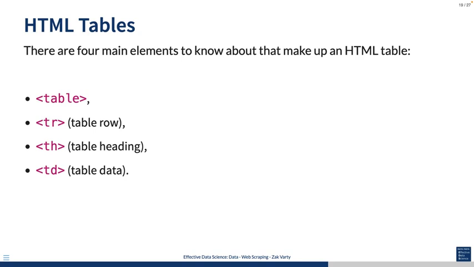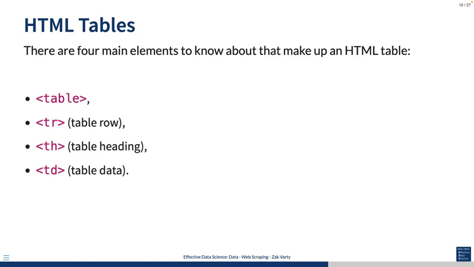First, there's the table tag, and this encloses the entire table environment. There's then the table row tag, which encloses each row of the table, and this holds true also for the header row, as well as rows containing the data. And finally, there's the table data tag, which encloses each entry in the body of the table.